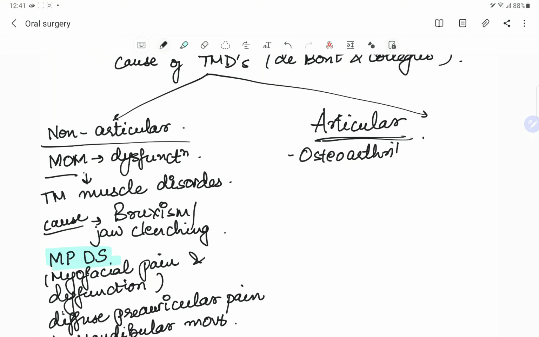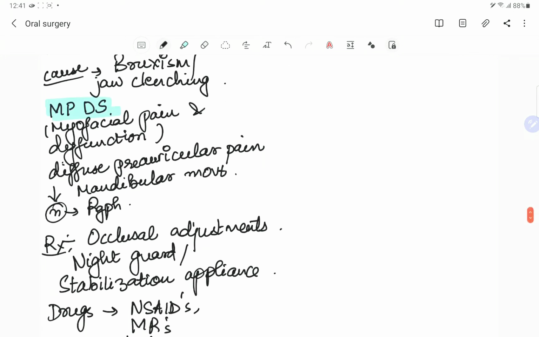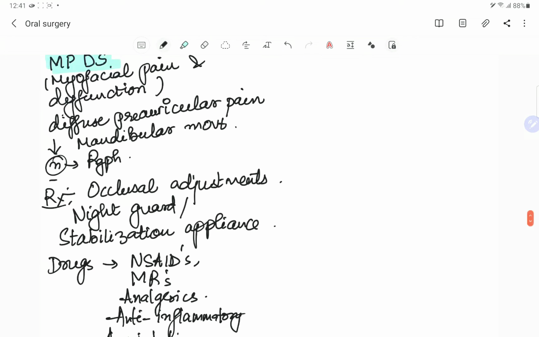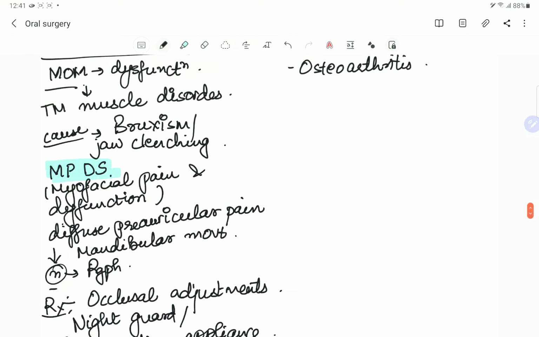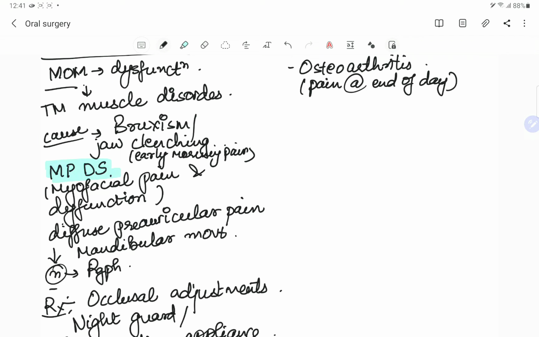An example in the articular category can be osteoarthritis. I am going to write the differentiating feature. In MPDS, if it is due to bruxism or clenching, the person will have early morning pain. If the person is having pain at the end of the day, the reason can be arthritis because of the friction of the joint.